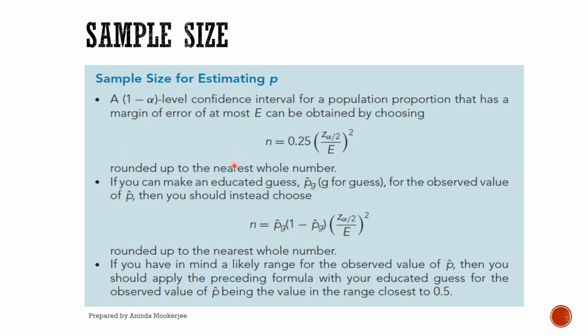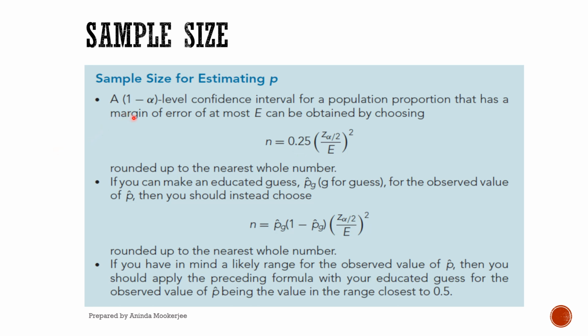In chapter 8, when we were studying confidence intervals, we also worked on a formula to find the sample size for a given margin of error and confidence interval. The same thing applies here, but we are dealing with proportions at this point.